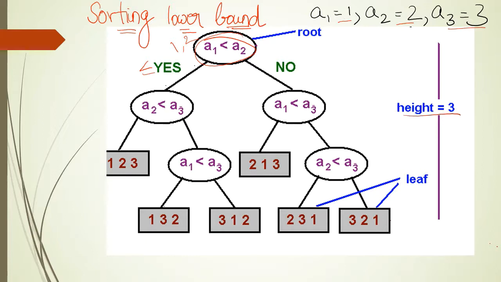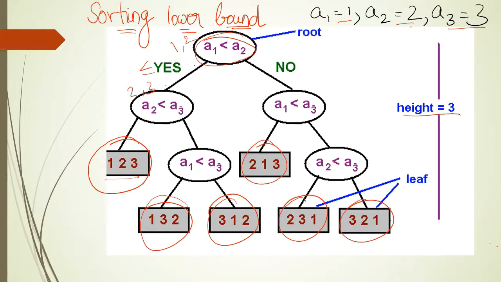Now let's check 2 and 3, and we get one of the sequences, 1, 2, 3, and similarly we have 6 outputs for a sequence of 3 numbers. So 3 factorial is 6 outcomes, which is n factorial.